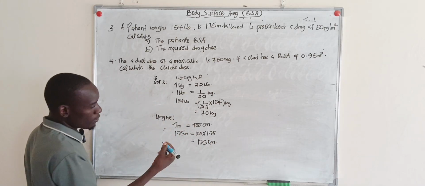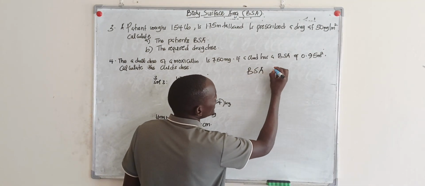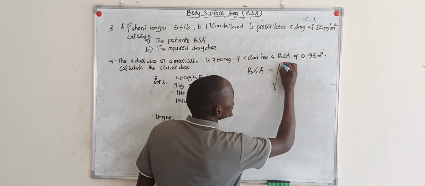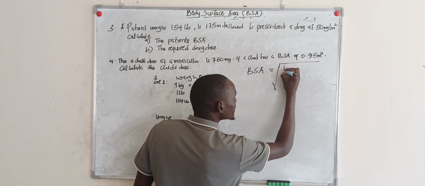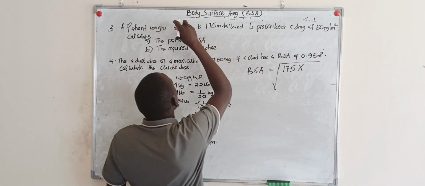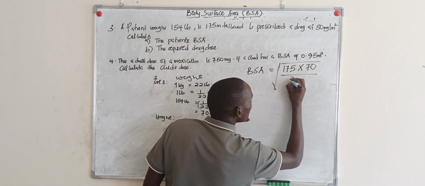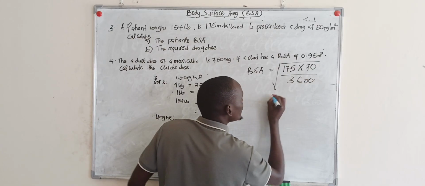So from our formula, we know that body surface area is given by the square root of height, which is now 175, times body weight, which is now 70, divided by 3,600.